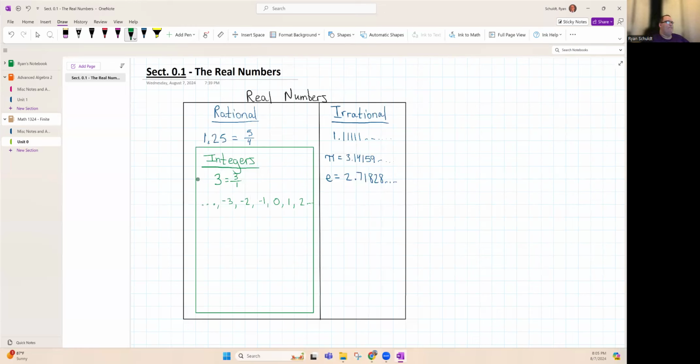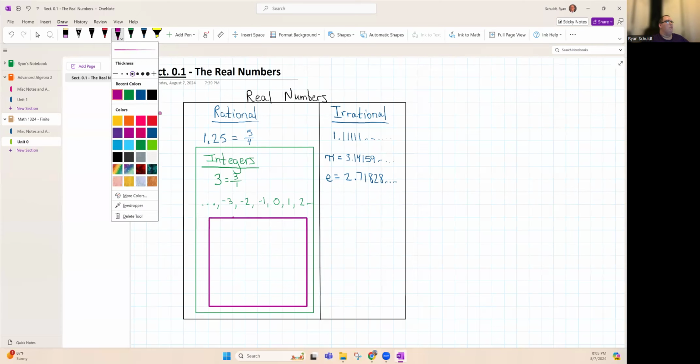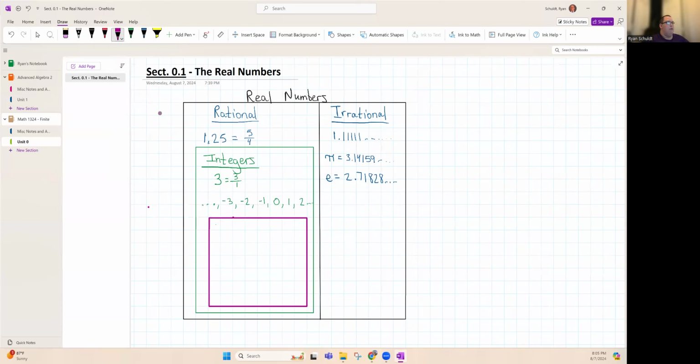No decimals with them. Within the integers, you have your whole numbers. Those are going to be your positive integers, including 0.